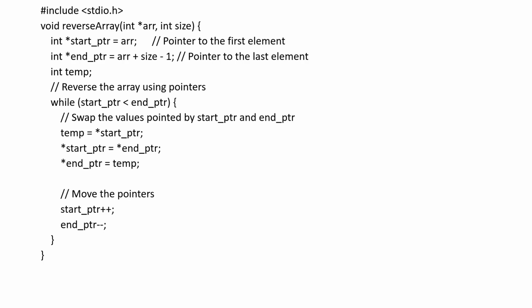While start_ptr is less than end_ptr, we swap the values pointed to by start_ptr and end_ptr: temp = *start_ptr, *start_ptr = *end_ptr, *end_ptr = temp. Now we increment the start pointer and decrement the end pointer. So inside the loop again the elements are swapped.